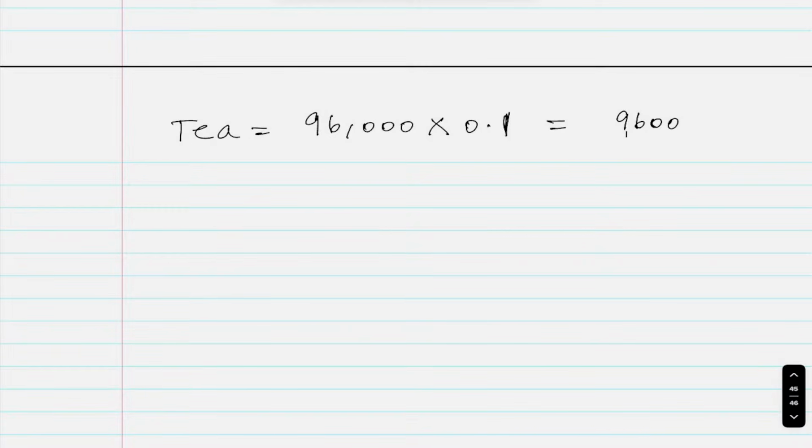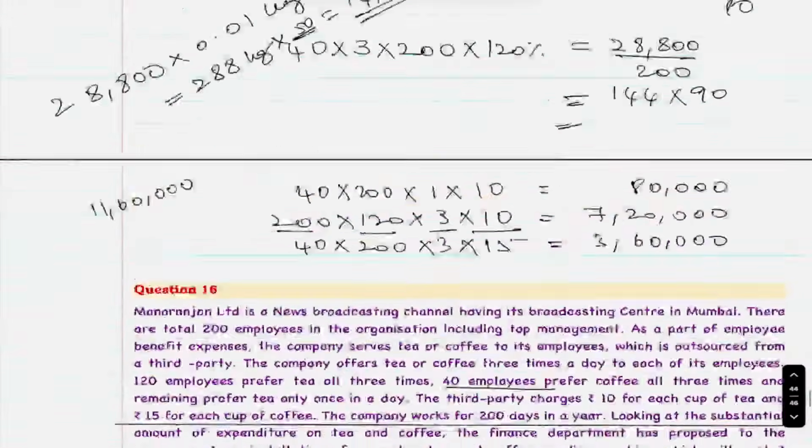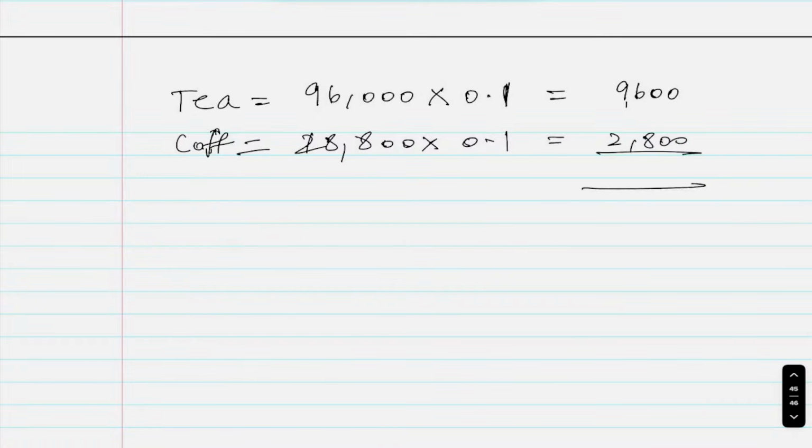Like that for coffee also, please tell me how much? 2,880. Total how much here it is? 28,800 into how much? Next, total. 12,480.